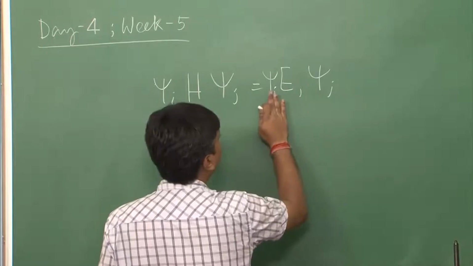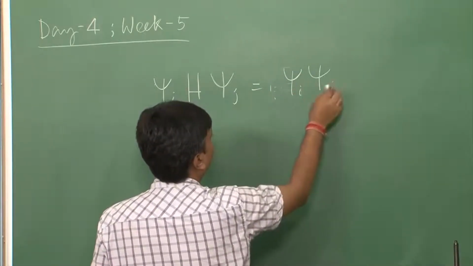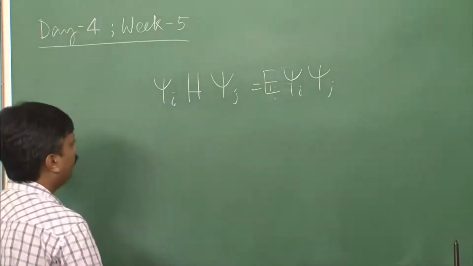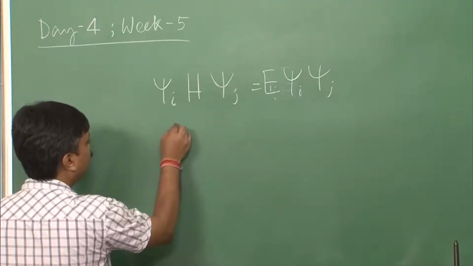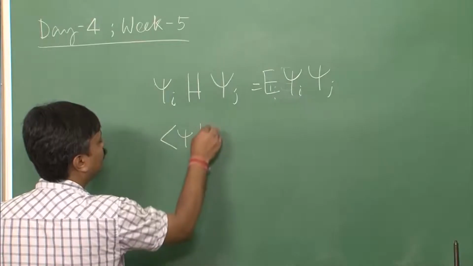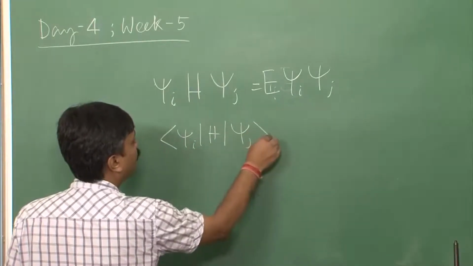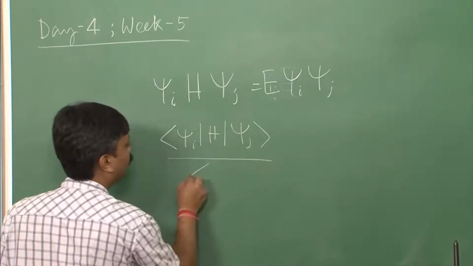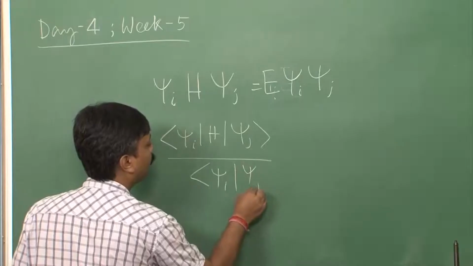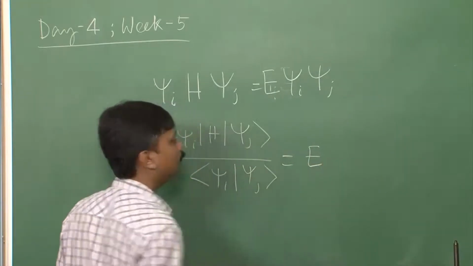So what I can do is I can write psi i psi j and bring E here. Now if I integrate over all the space, so what I can have is psi i, fine, that's my energy.